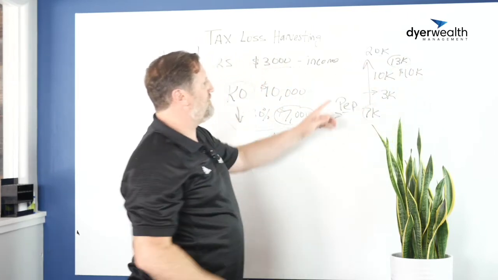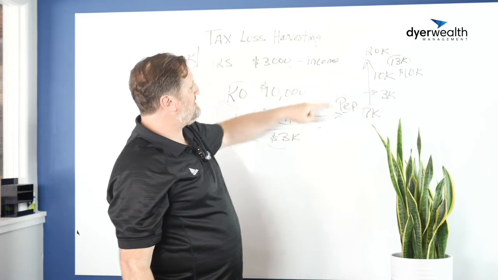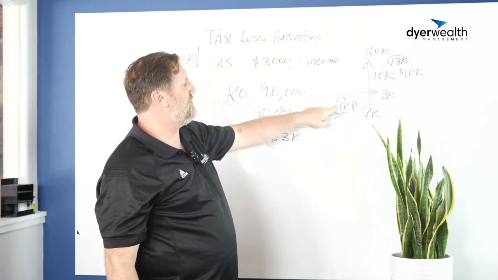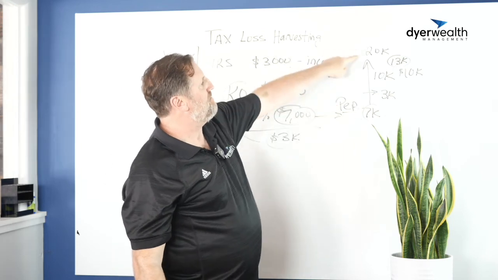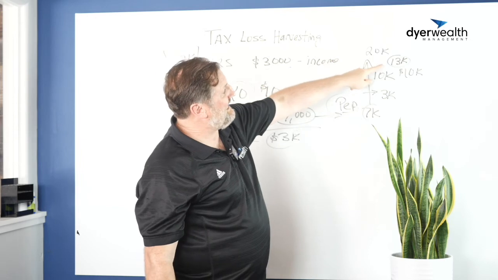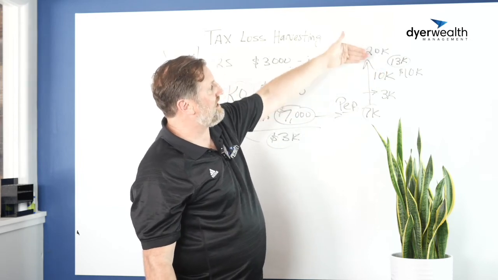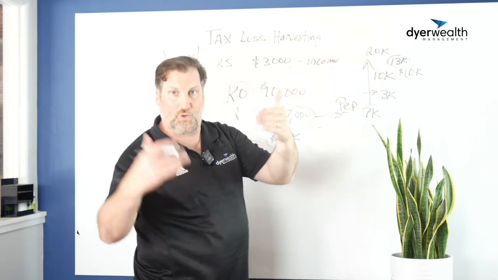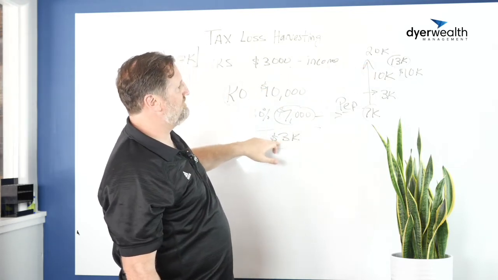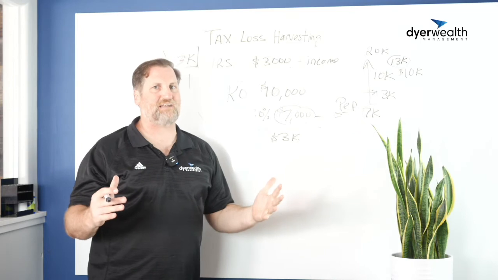I know I've got a lot of numbers up here, but the point is that if Coke is suffering, we can take a tax loss in it, move it over into Pepsi, play the recovery, and the gains that we ultimately have, because this stock is actually moving and producing gains, we hope, are offset by the losses that we used here. Okay? So that's just an example of tax loss harvesting.